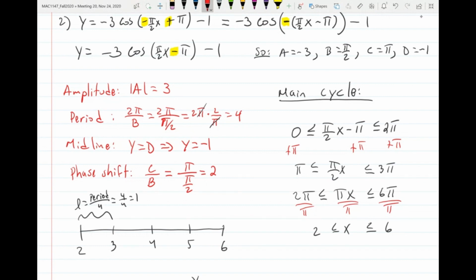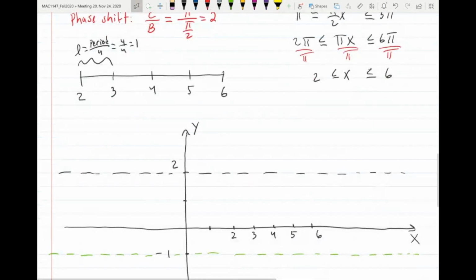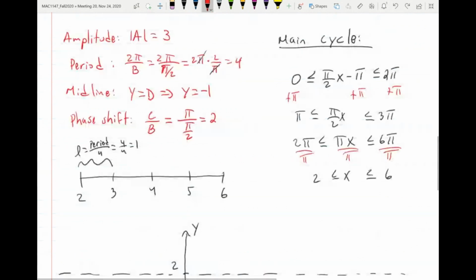So cosine normally would begin up here, then the middle, then down, and so on. But now we just have to flip this behavior because we have a negative in front. Remember, this caused the graph to be flipped as one of the transformations. Do you understand this? Because a is negative, that negative is responsible for flipping the graph.